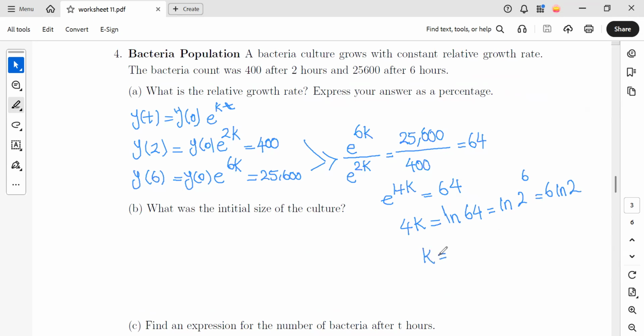So k will be 6 ln of 2 divided by 4. And using a calculator, it will be 1.0397. It means about 104% per hour.